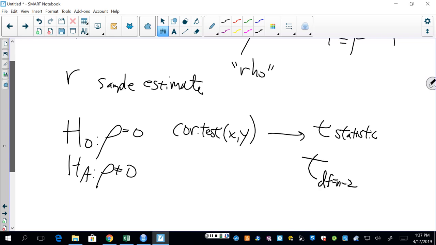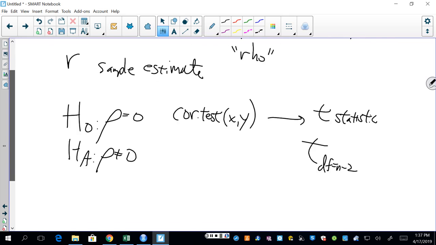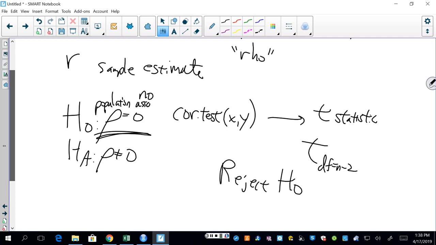If your t statistic is very large, then you're going to be near 1 as a correlation. If the correlation is at -1, then the t statistic is going to be very, very small. If you get a large sample size, it can still be a big t statistic, even if you're not so close to the edges. And depending on the t statistic, we're going to reject the null hypothesis that the correlation is 0. So this is the population has no association between x and y.